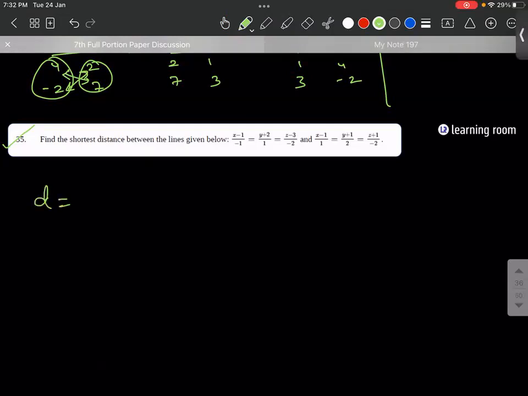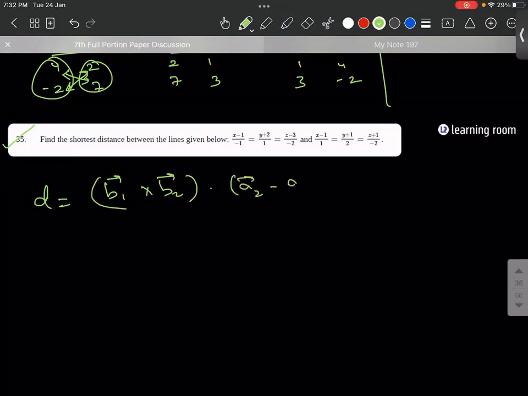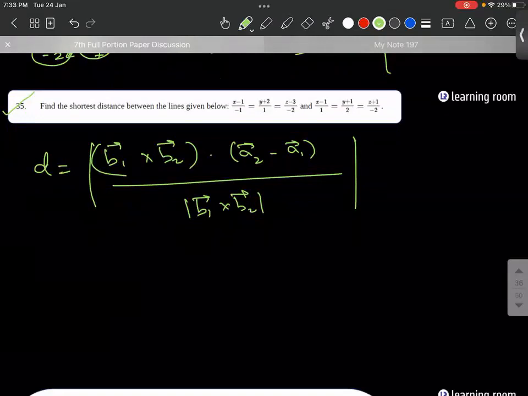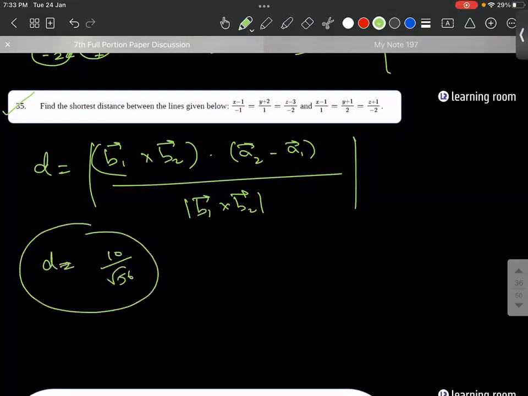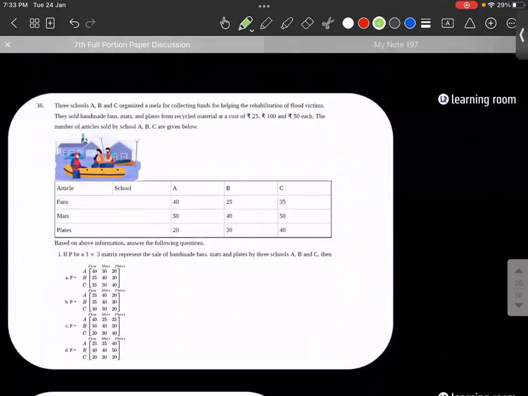D is equal to B1 vector cross B2 vector dot A2 vector minus A1 vector, the whole divided by magnitude of B1 vector cross B2 vector. So when you solve this, you get the value of D as 10 divided by root 56. So that part I'm leaving it to you because we have solved many such problems.